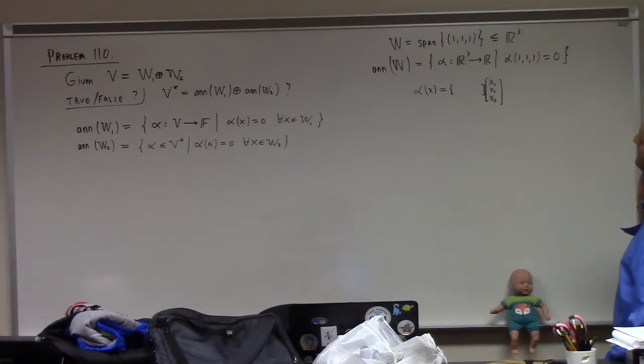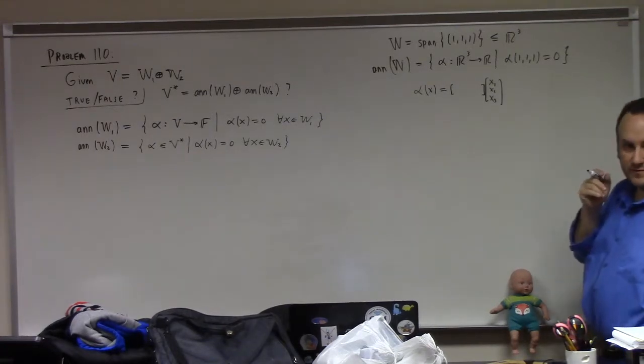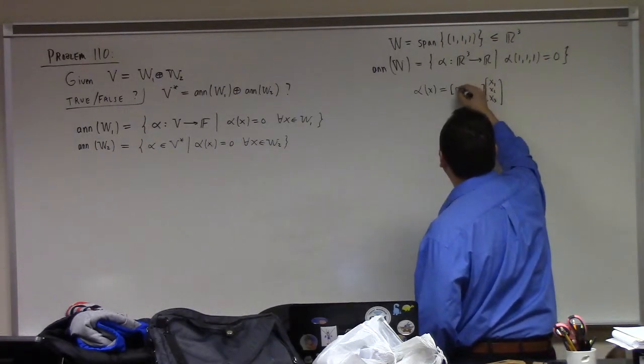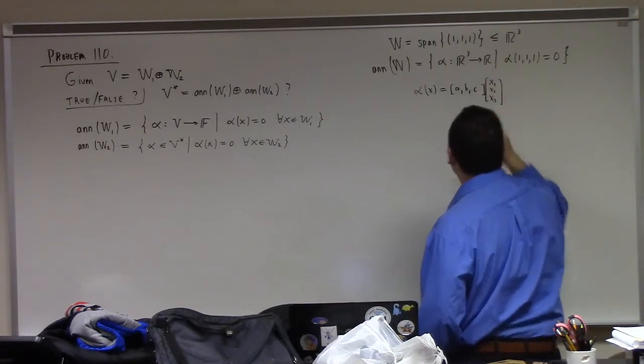And it has to be a 1 by 3, right? That's the matrix of a linear mapping from R3 to R1. It would be a 1 by 3. So basically, you're just looking for A, B, C to fix alpha.